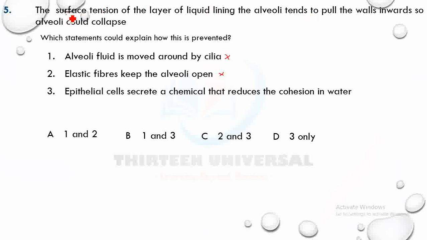We're looking at the sentence that has something to do with surface tension. Number 3 says epithelial cells secrete a chemical that produces cohesion in water. Yes, that chemical is surfactant.